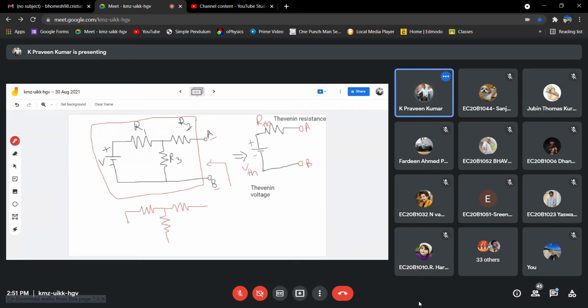So this is my circuit, the T network, what we have considered. With voltage source V. How to calculate VTH? It is just simple.